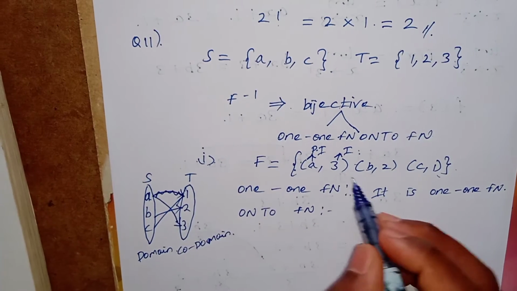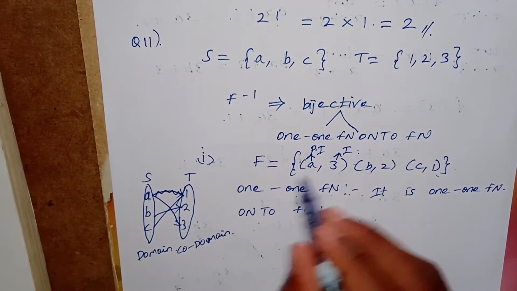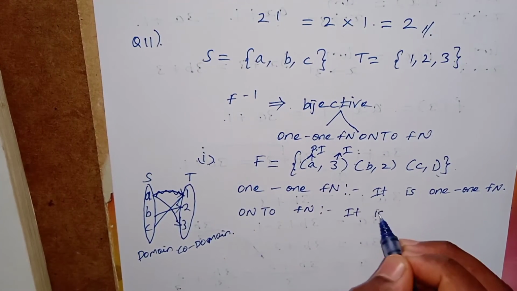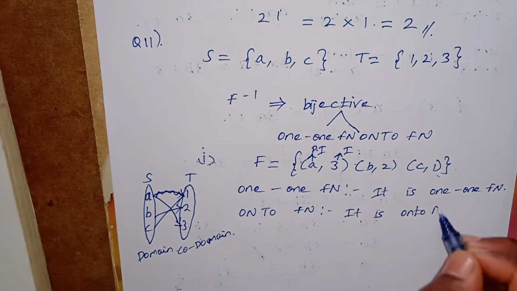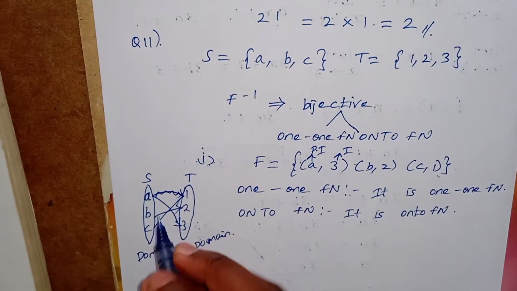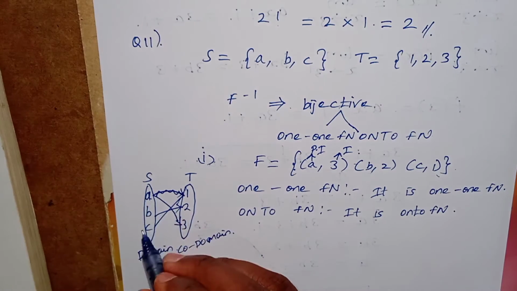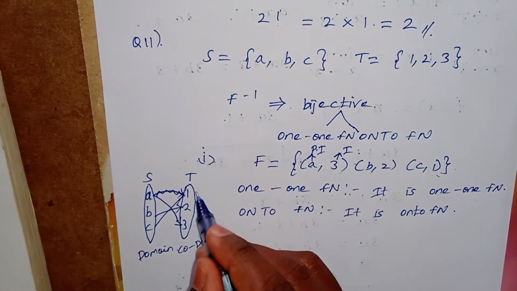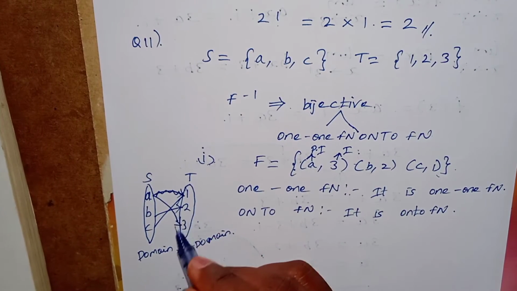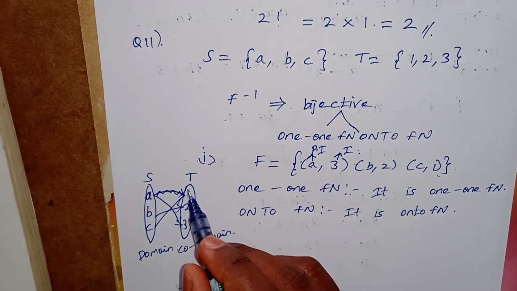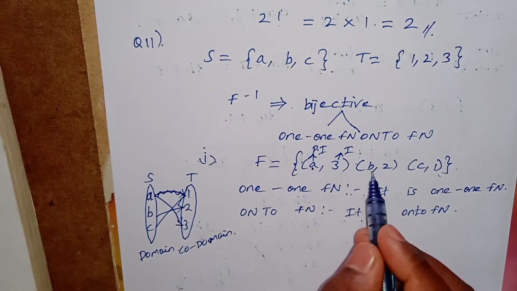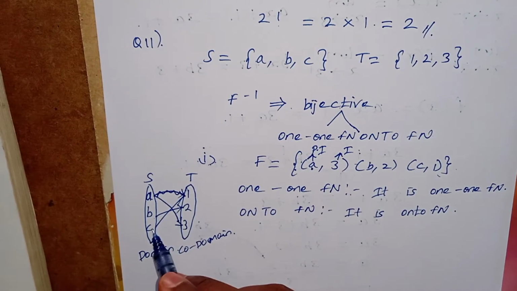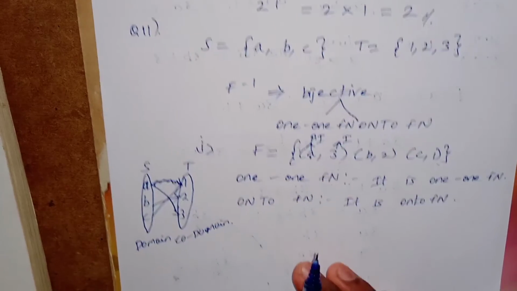In the codomain, every element has its own pre-image. Therefore it is an onto function. For onto, in the codomain every term should be filled. 1 has the pre-image c, 2 has pre-image b, 3 has pre-image a. Therefore it is onto.